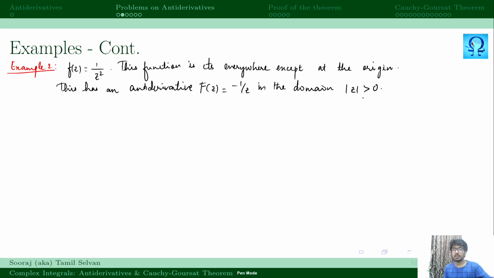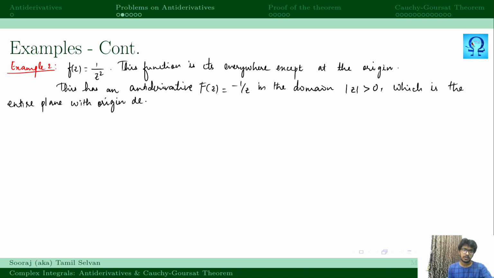So this domain, absolute of z bigger than 0, what is this? This is the entire plane with origin deleted.